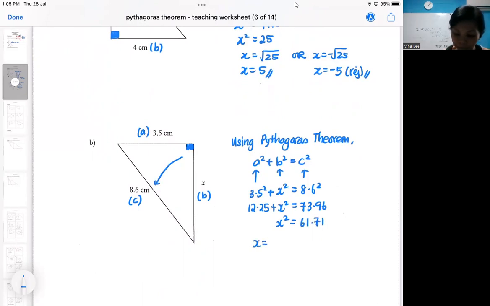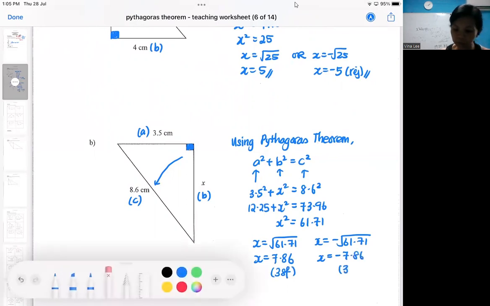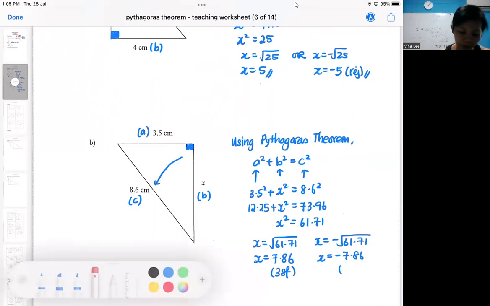Again, when you take a square root, you should have two answers, the positive answer and the negative answer. You're not going to get a nice number in this situation, so you give the answer to 3 s.f. Remember to reject the negative number.